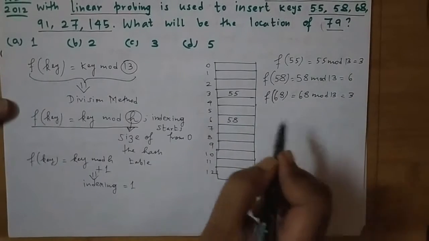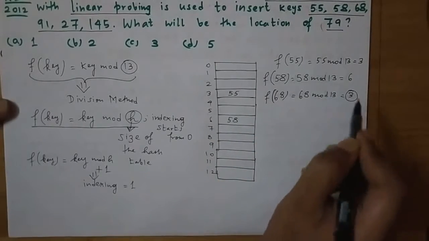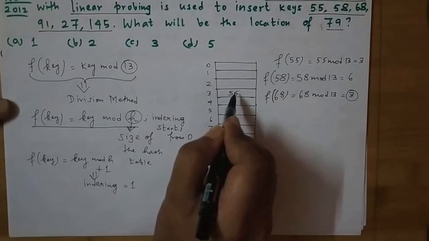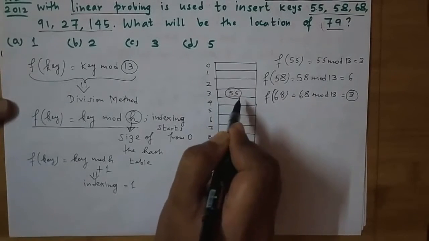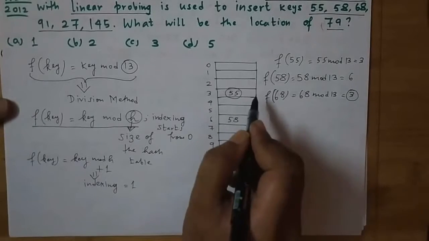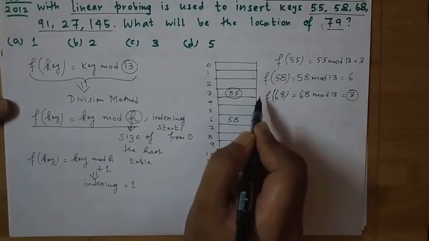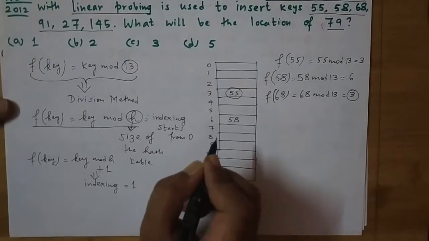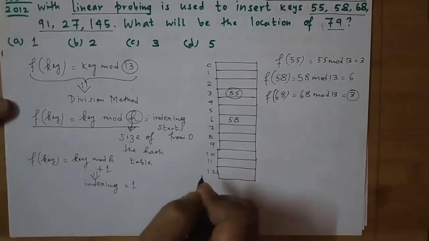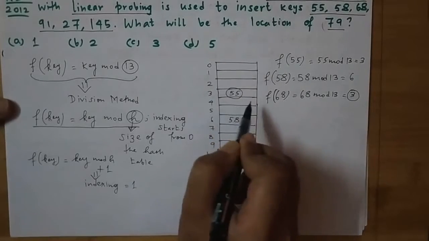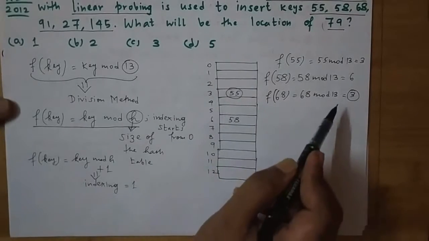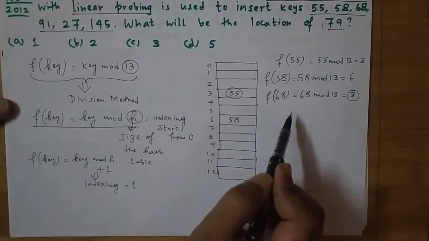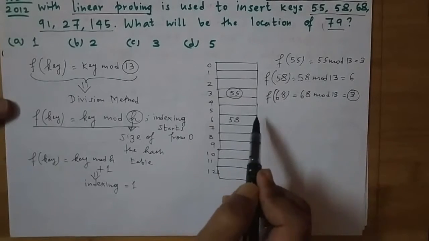Now this is interesting. 68 is mapped to location 3, but location 3 is already occupied by 55. That means there is a collision. Collision is the allotment of more than one key value to the same location of the hash table. In this location I have 2 key values being mapped, so a collision has taken place.